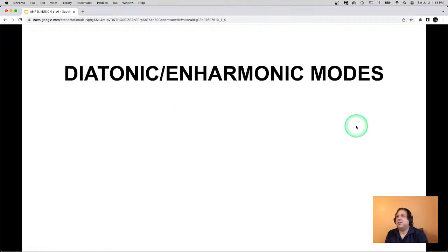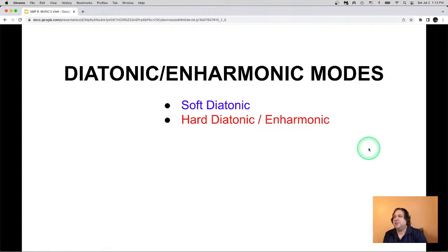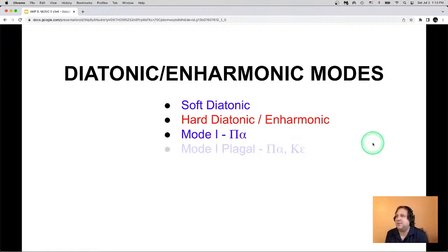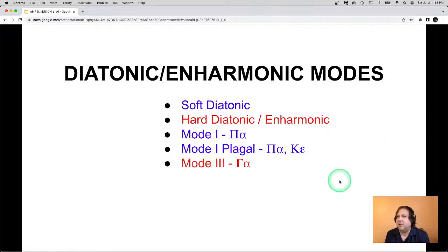So, our diatonic and enharmonic modes. Soft diatonic will be blue. Hard diatonic, also known as enharmonic, will be red. So, first mode, soft diatonic. Plagal first mode, soft diatonic. Third mode, enharmonic, aka hard diatonic.